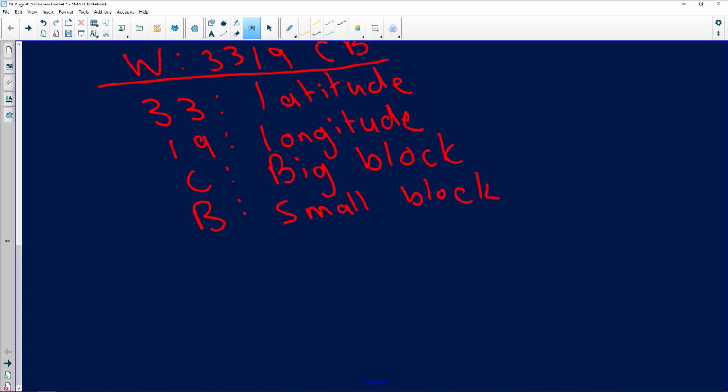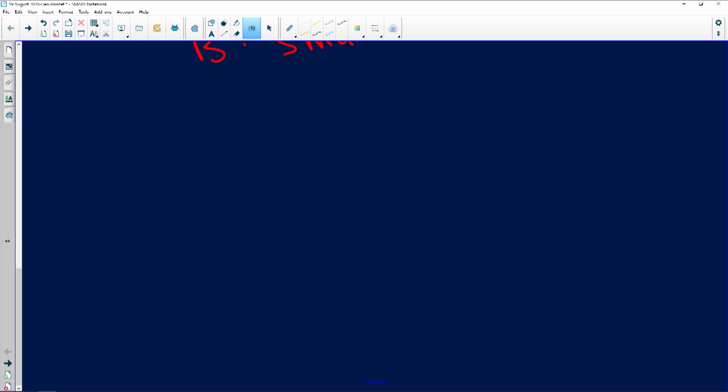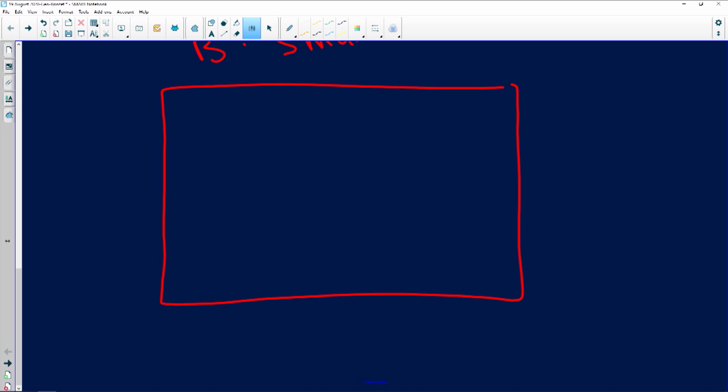When we deal with coordinates, we're dealing with lines of latitude and lines of longitude. Let me quickly explain it to you. Let's assume we have a map, a world map. If I draw South Africa like that on the world map, and this is Africa.